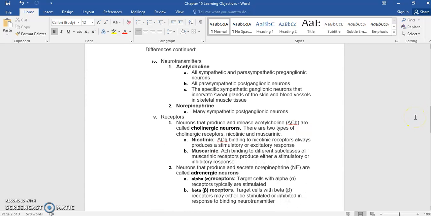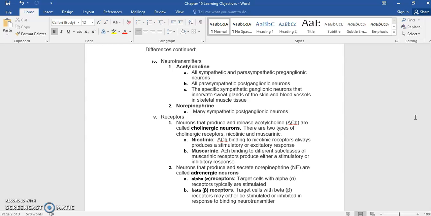So the next thing that we'll talk about is the differences in the neurotransmitters. We talked about acetylcholine and how that neurotransmitter is part of the somatic motor neurons. It's released from somatic motor neurons that innervate or provide nerve signals to skeletal muscle.